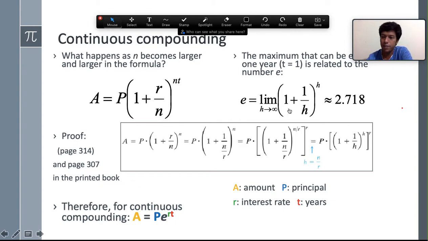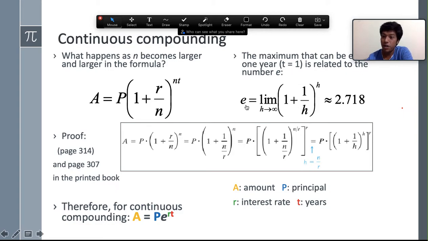we had this number, if something grows continuously, always, even if we say every second, that is also not enough for this. Always, if n tends to infinity, that means not only every second, but more frequently, in microsecond, or nanosecond or picosecond, whatever it is, even smaller than that, then this entire term becomes e.